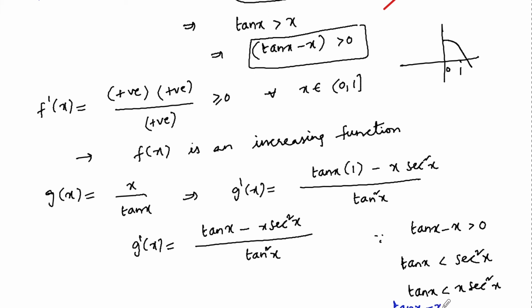So we can write tan x minus x sec²x is less than 0.